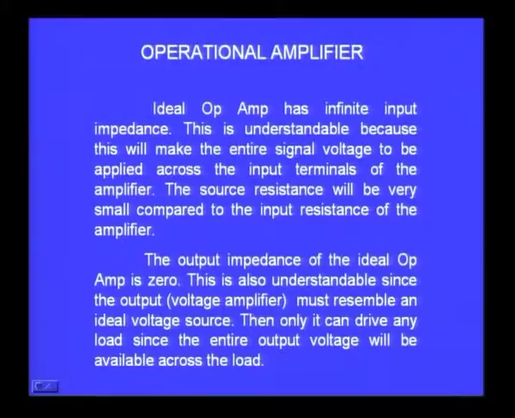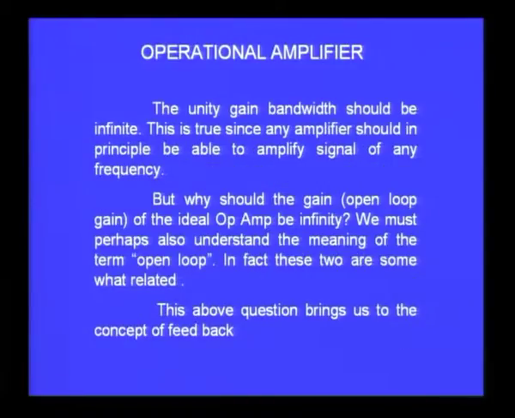That way the output of an operational amplifier should be an ideal voltage source with 0 internal resistance, and that is why the output impedance of an amplifier should be minimum. Ideally it is 0, in an actual case it is about 75 ohms. So this we are able to understand. And the unity gain bandwidth should be infinity, we can understand.